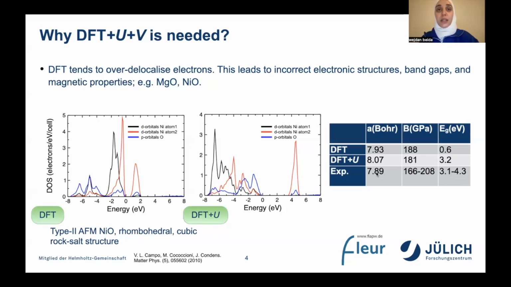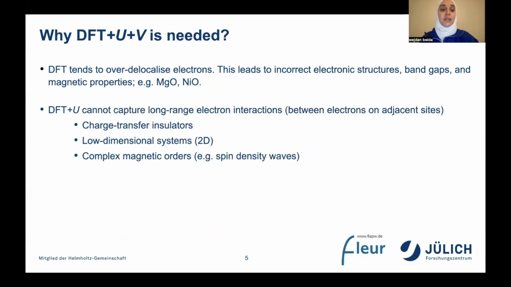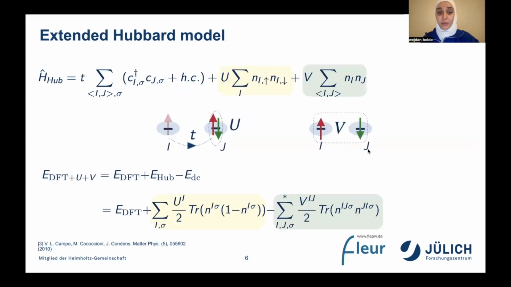Accounting for them is crucial when we study systems in low dimension such as two-dimensional systems, and also charge transfer insulators and complex magnetic orders such as spin density waves. Our approach to overcome this limitation is to extend the on-site Hubbard model to incorporate interaction between electrons on different atomic sites.